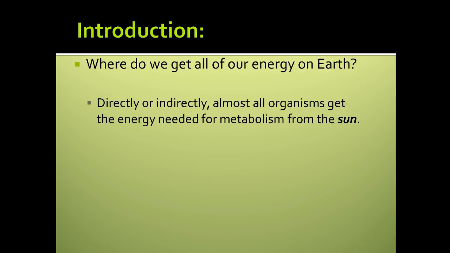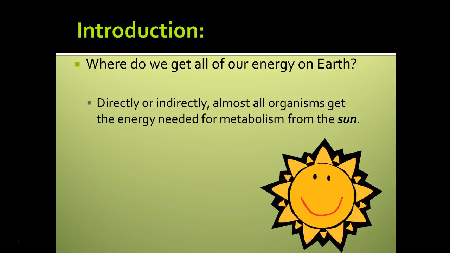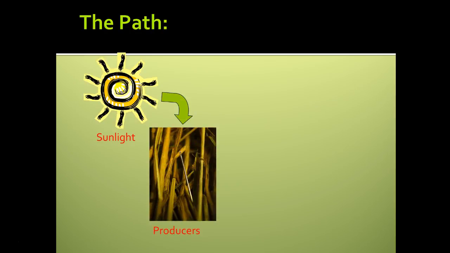But you know, all of our energy that we get on Earth comes, indirectly or directly, of course, from the sun. So that sun energy radiates towards the earth and is captured, some of it anyway, by what we call producers on earth.